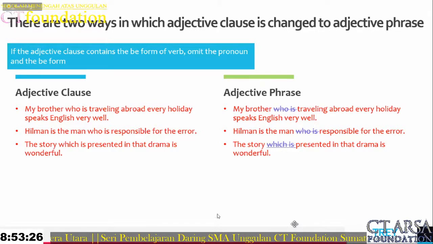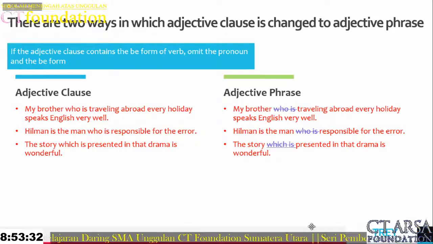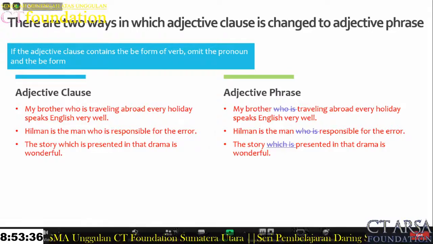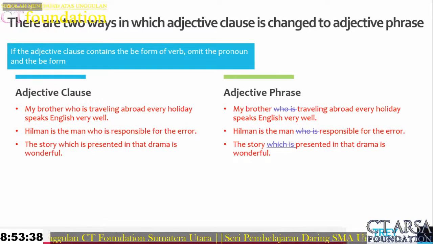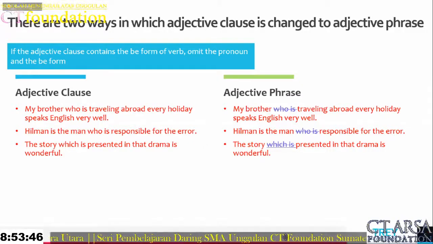The meaning becomes passive. The story presented in that drama is wonderful. Cerita yang disajikan dalam drama itu sangat bagus. So you don't need to change to ing here, because the sentence is in passive.